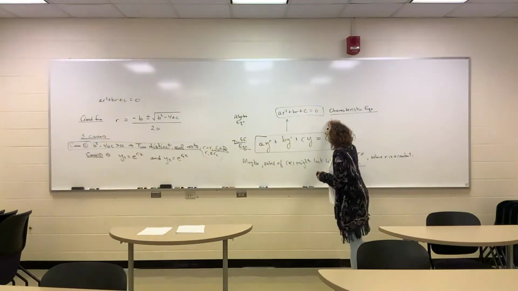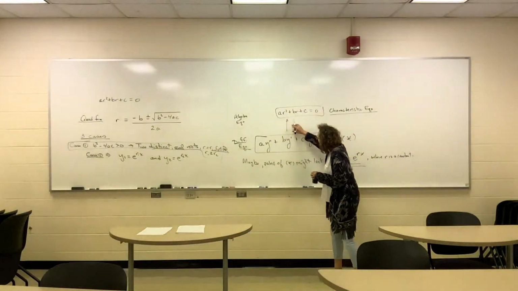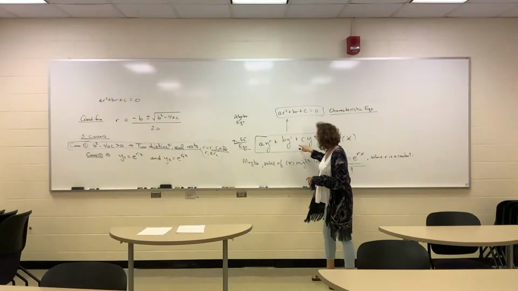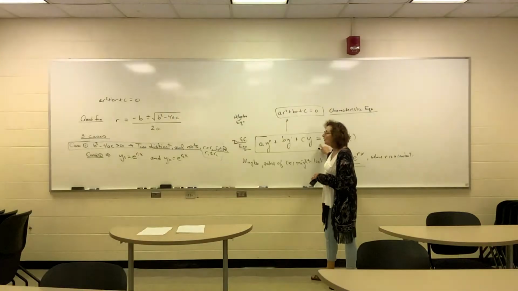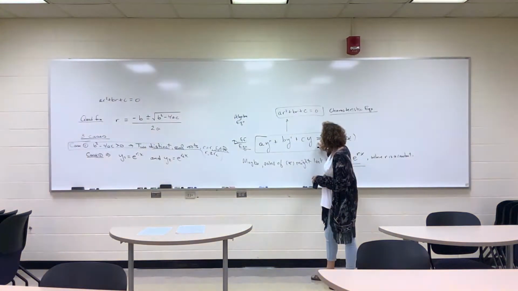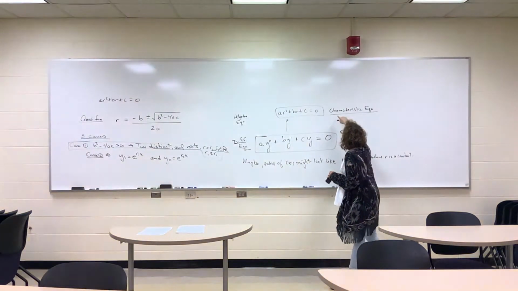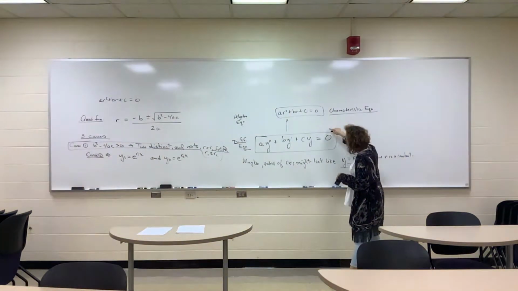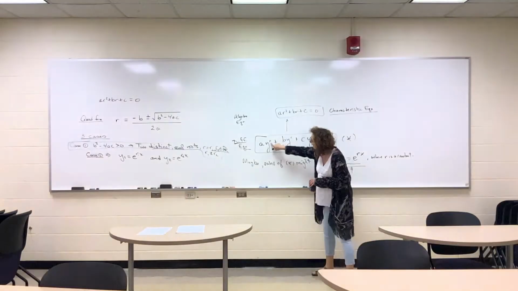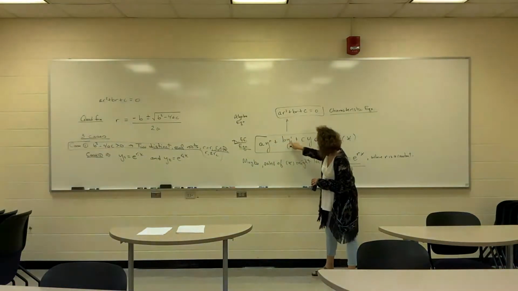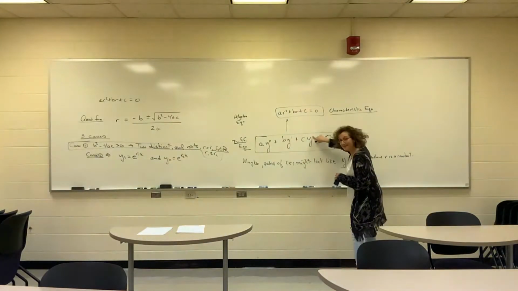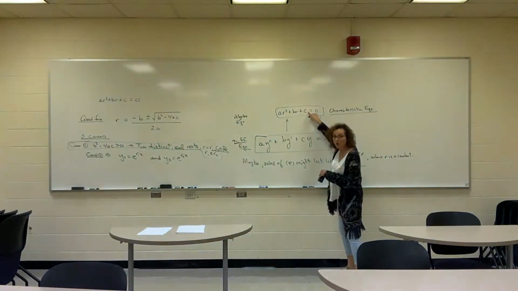I'm gonna erase our characteristic equation. Notice, when I have a second order constant coefficient ODE, how does that translate to a corresponding algebra equation that is characteristic underlying this? Second derivative, second power. First derivative, first power. Zeroth derivative, 0 power, right?